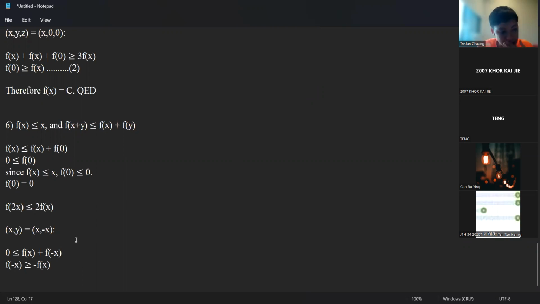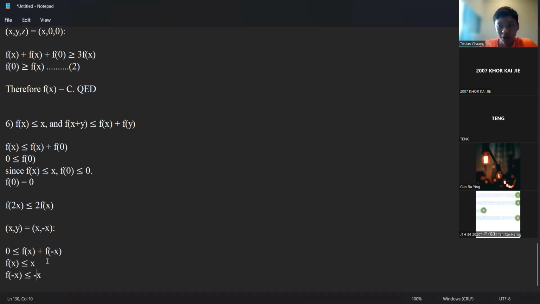Okay, so here's the claim. Here's the thing we can do. We apply this inequality again to both of these variables. So f(x) is less than or equal to x. And also f(-x) is less than or equal to minus x. Well, it's true because I just substitute x as minus x.